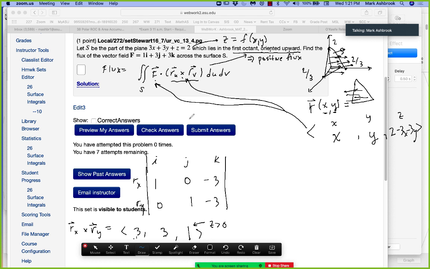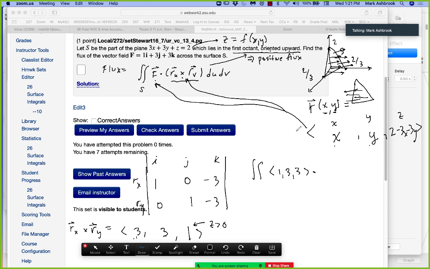Okay, so now we've got everything we need. We can rewrite our surface integral. What is F? F is 1, 3, 3. If we needed to, that vector field could be a function of x, y, and z, and we would use our x, y, and z on the surface to rewrite it.